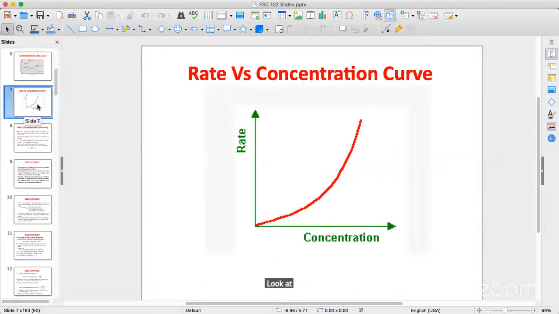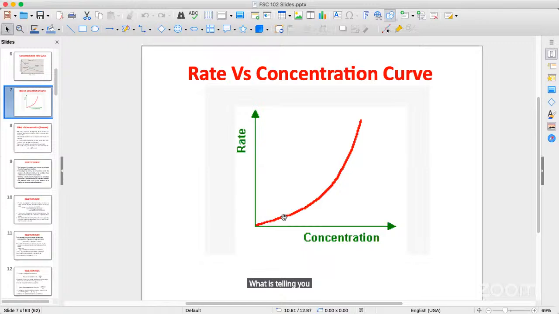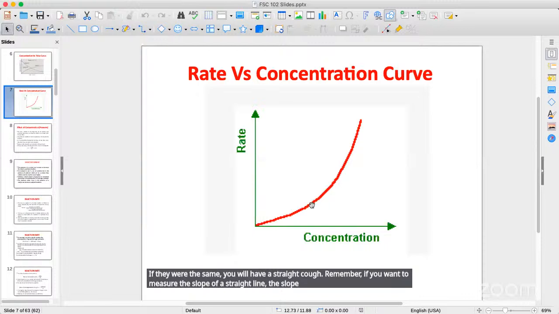Look at this. That's why this is not a straight line. You see that they didn't draw this as a straight line passing through the origin. No, it is a curve. What this is telling you is that at different concentrations, the rates are different. If they were the same, you would have a straight line. Remember, if you want to measure the slope of a straight line, the slope at every point on that line will be the same.